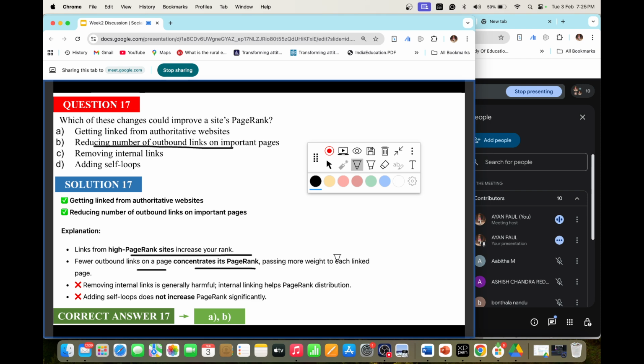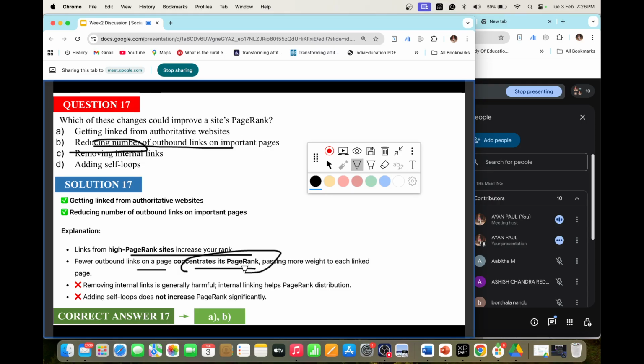When there are fewer outbound links, it passes its value to fewer pages. That is why it is true: reducing outbound links on important pages means the page preserves its quality for itself, passing more weight to each linked page.